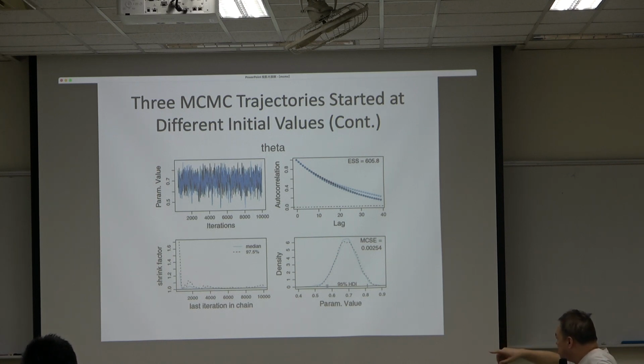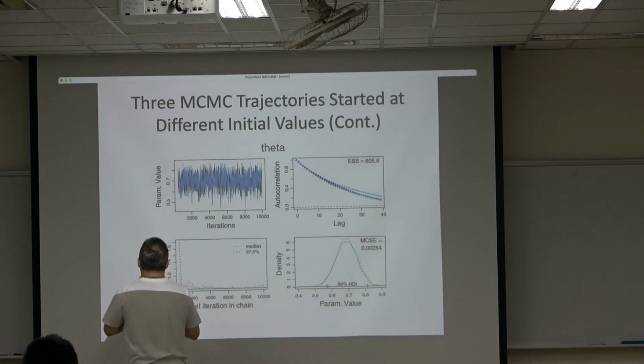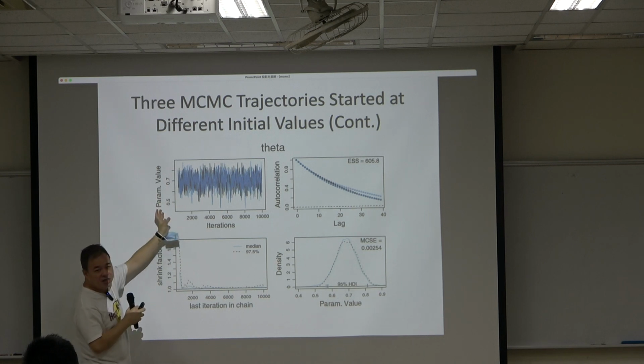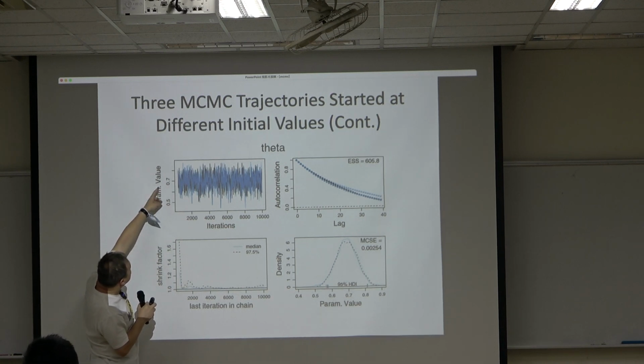The lower right figure is the kernel function. Basically, it's as if you turn this figure 90 degrees and calculate the frequency of each value from 0 to 1.